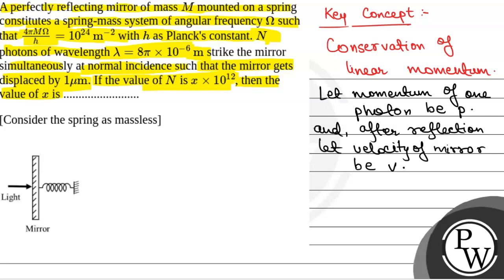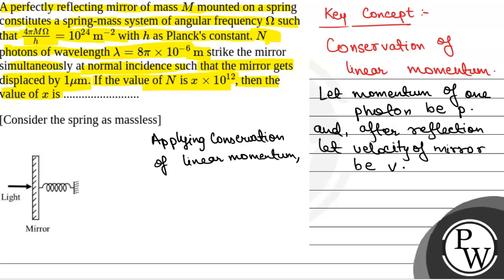So we will apply conservation of linear momentum. As there are n photons incident, we will have n into p into i cap, because the photons are incident at 90 degrees to the mirror, at normal incidence.